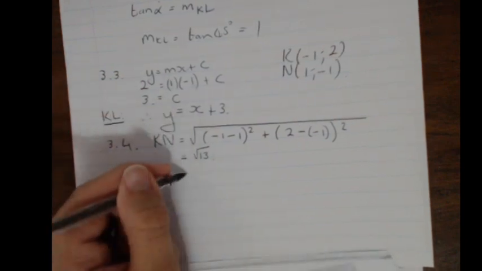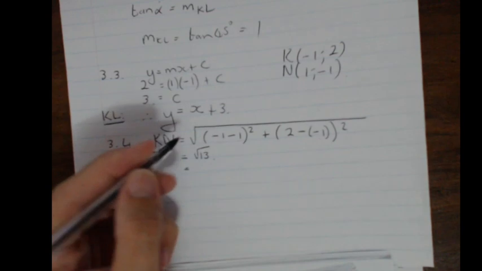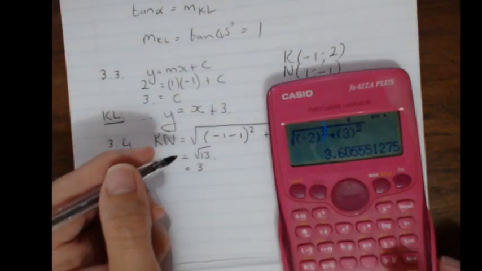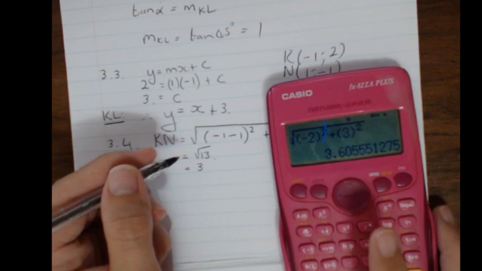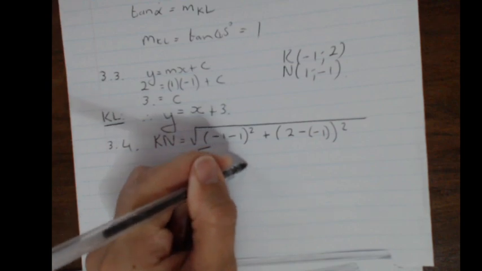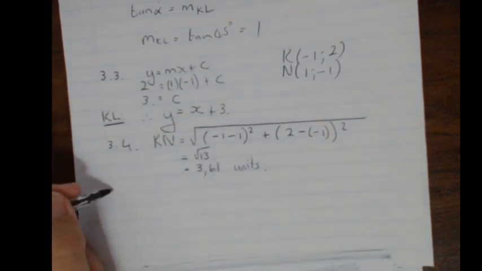I would rather make it a decimal, 3.605, so 3.61 units.